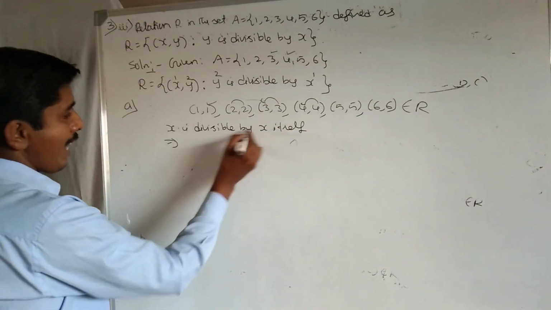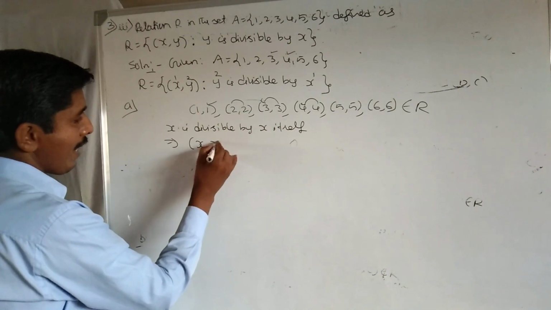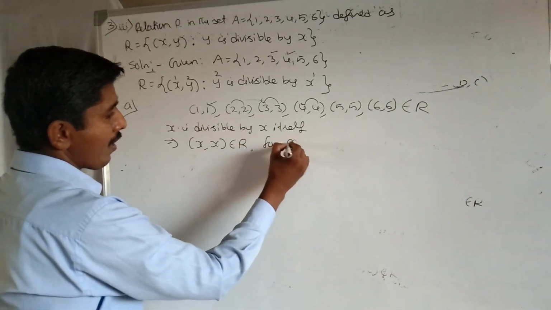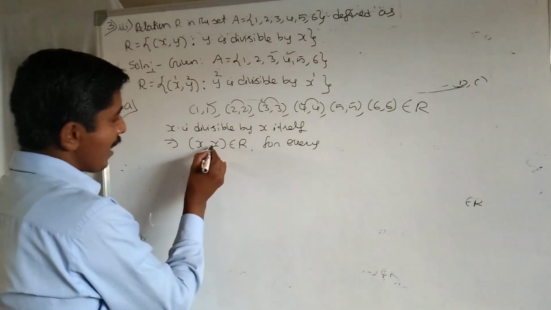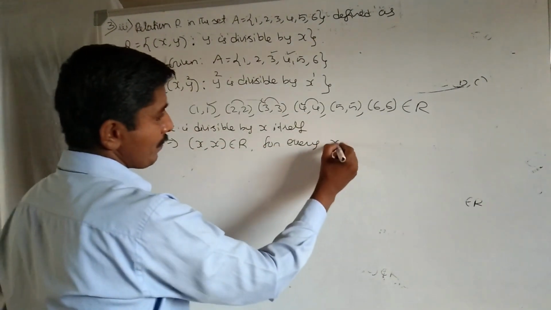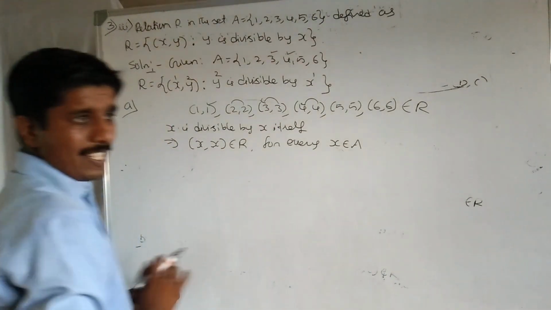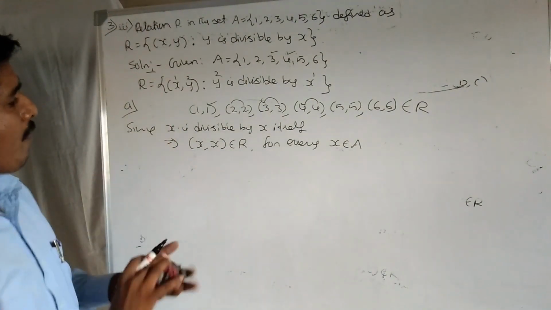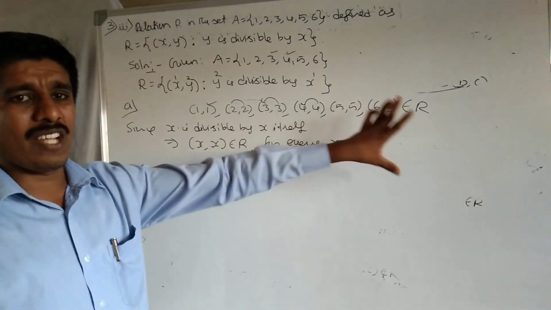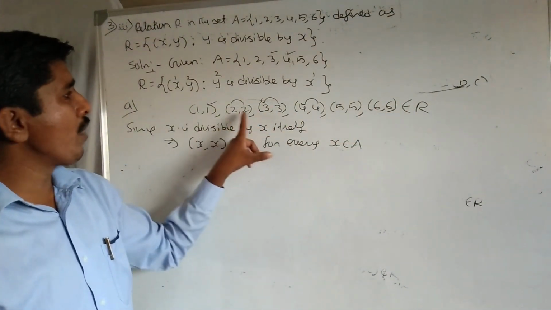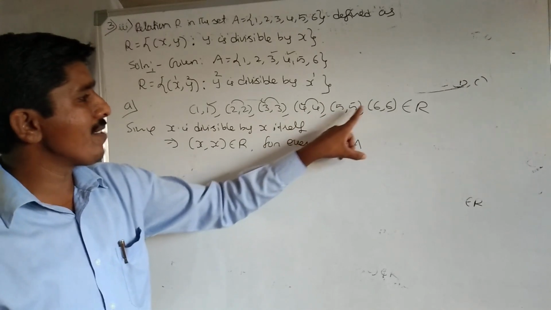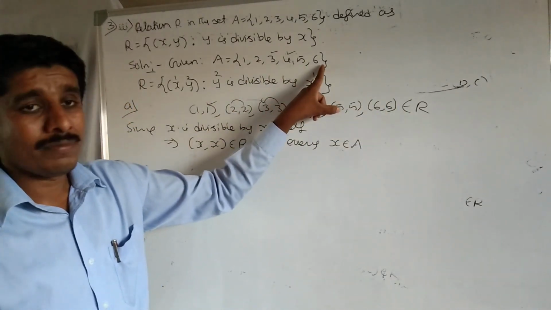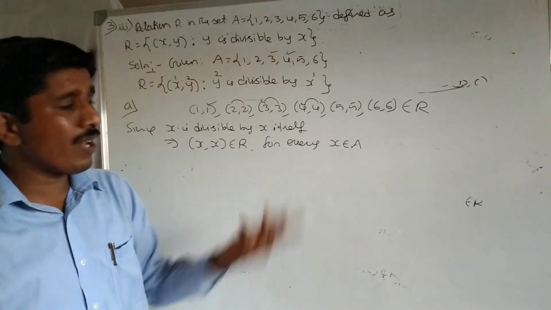Therefore (x, x) belongs to relation for every element x belongs to set A. Mind it, instead of writing this, we can write this also, that is correct. We can write that since (1, 1), (2, 2), (3, 3), (4, 4), (5, 5), (6, 6) belong to relation as these elements belong to the given set A, therefore it is reflexive.